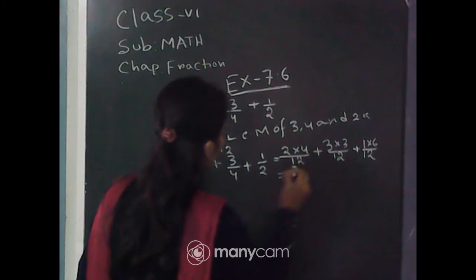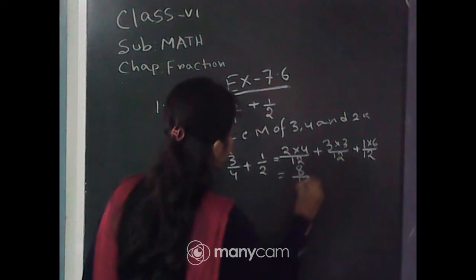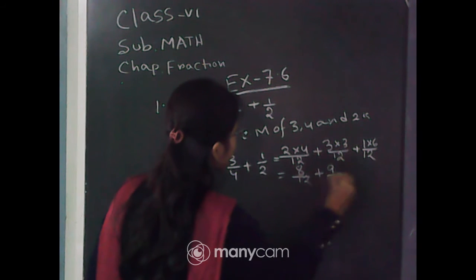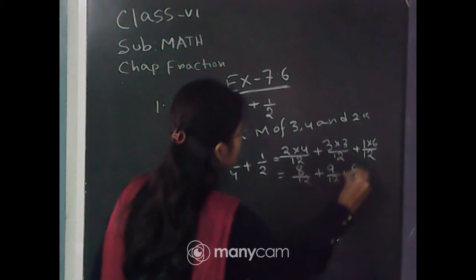That is equal to 8 divided by 12 plus 9 divided by 12 plus 6 divided by 12.